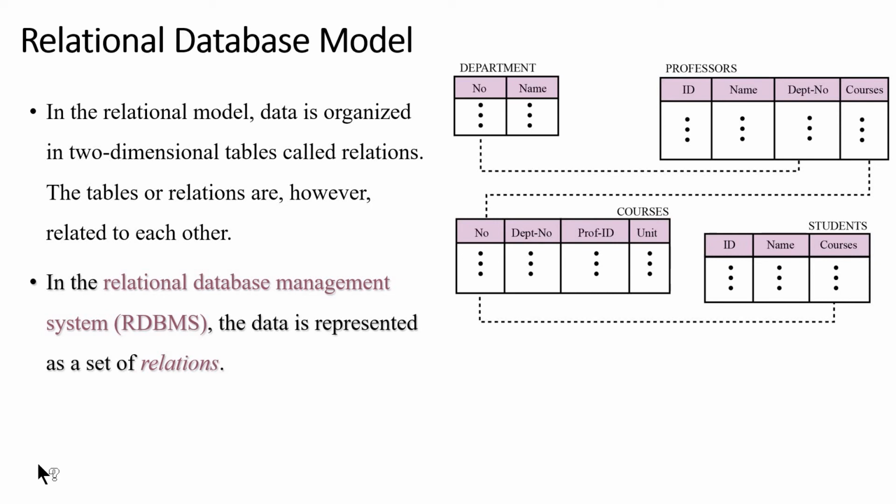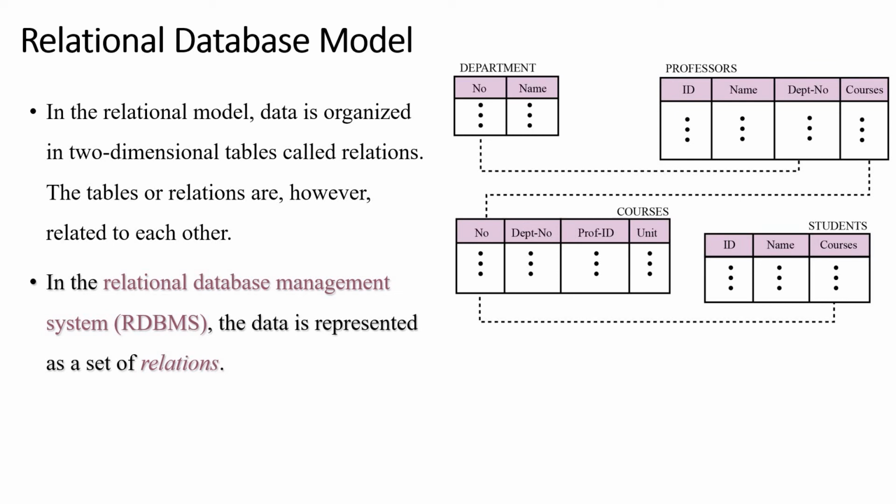Before I proceed with the next slide, I would like to tell the formal relational terms in a database management system. For table, the formal relational term is relation. For row or record, the terminology is tuple, that is T-U-P-L-E.